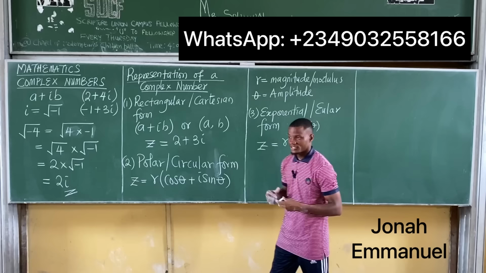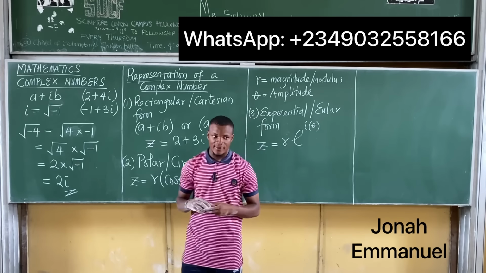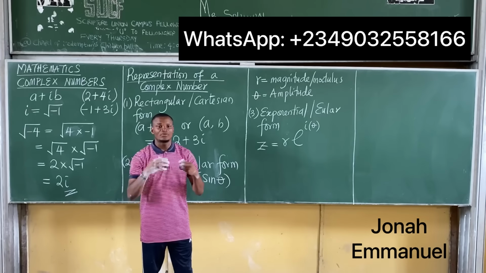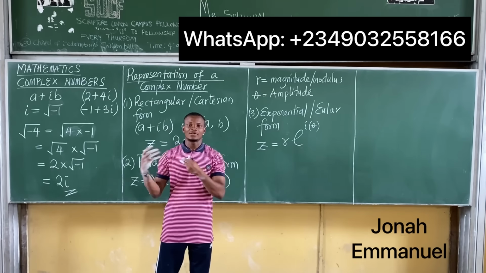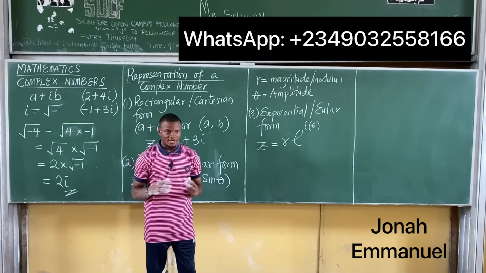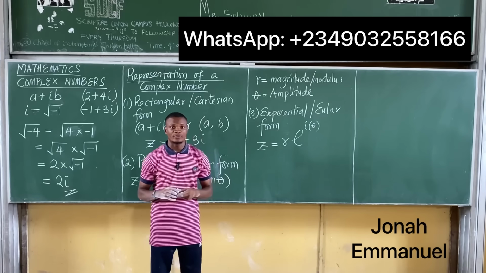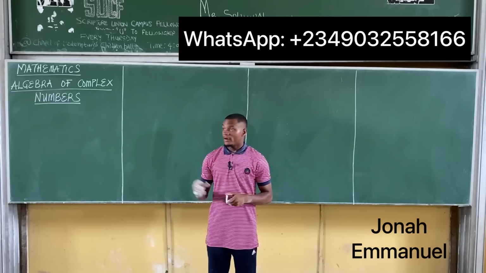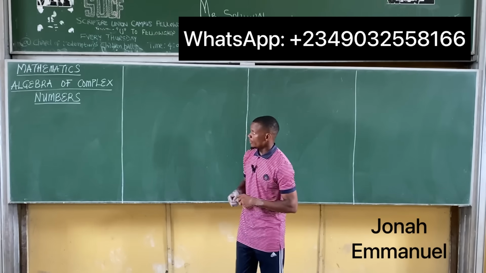Next up, let's look at the algebra of complex numbers. How do we add complex numbers? How do we subtract them? How do we multiply? And how do we even divide complex numbers? Let's look at them in the algebra of complex numbers.